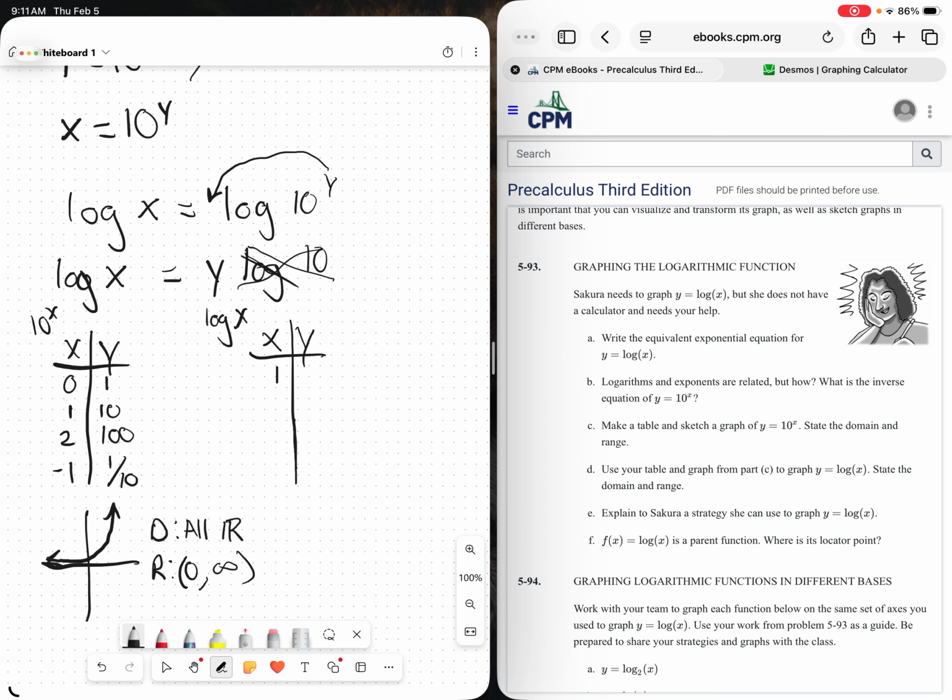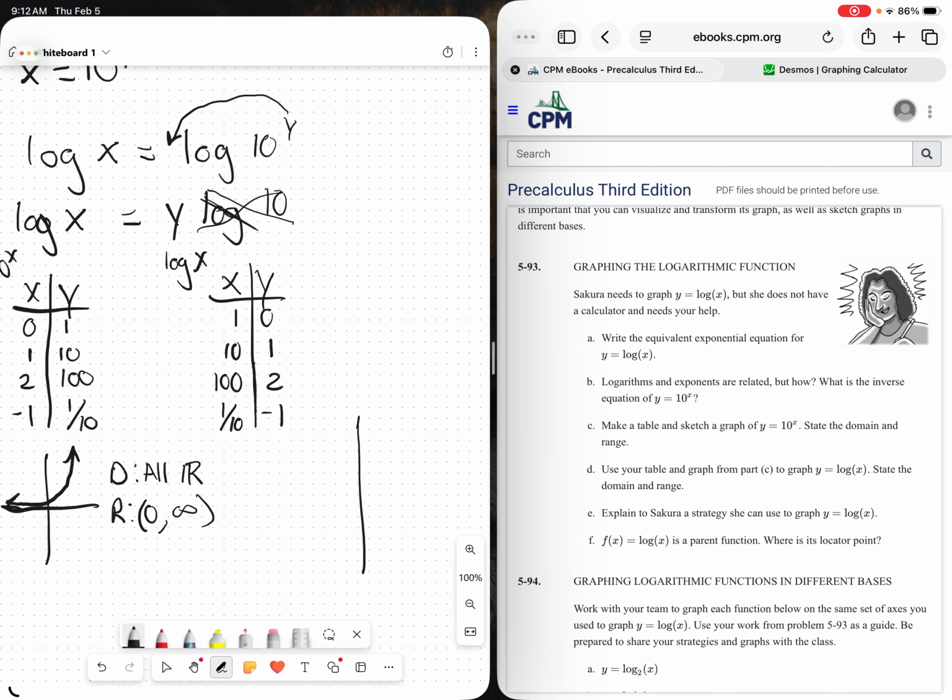If we switch these, this is 1, 0; 10, 1; 100, 2; 1/10, -1. So now we have an idea of what this graph looks like. We're at 1, 0, we're at 10, 1, so we're barely going up here, but at 1/10 we're at about -1, so this graph is going to look something like this.